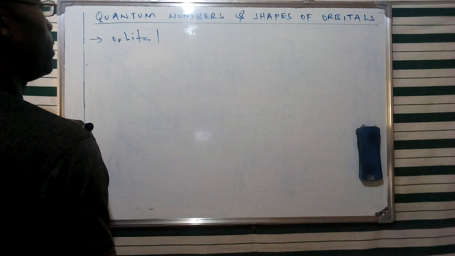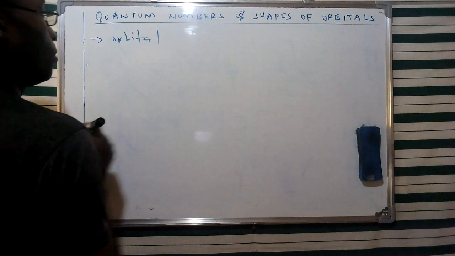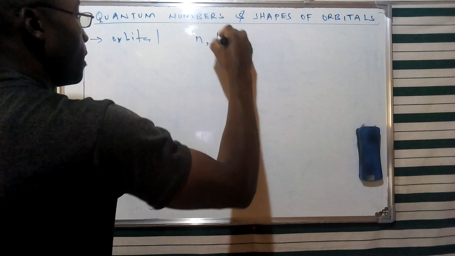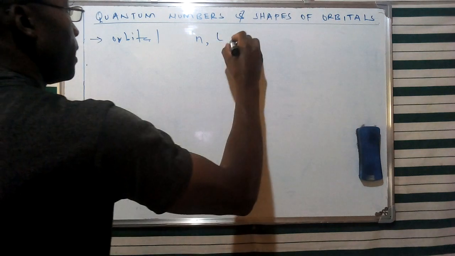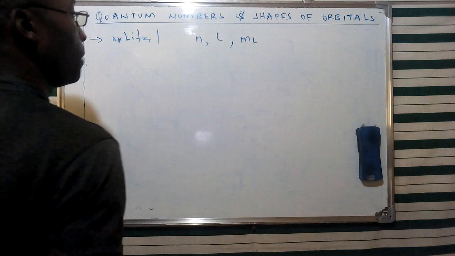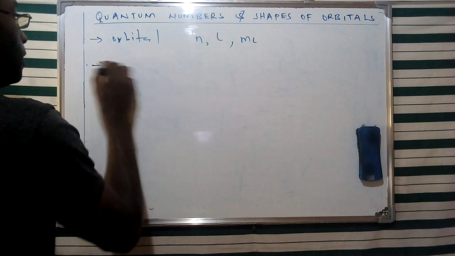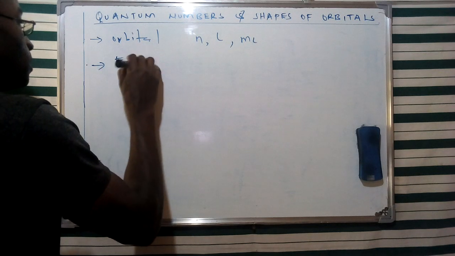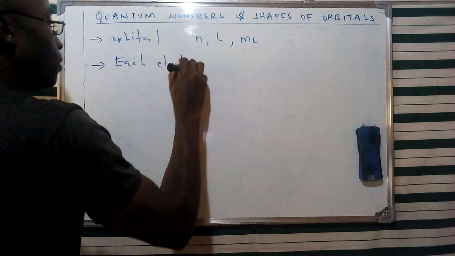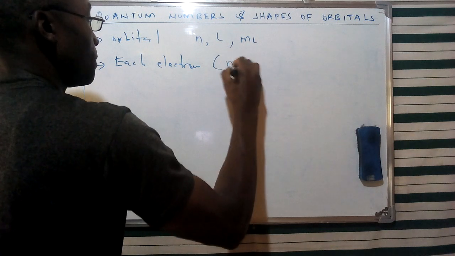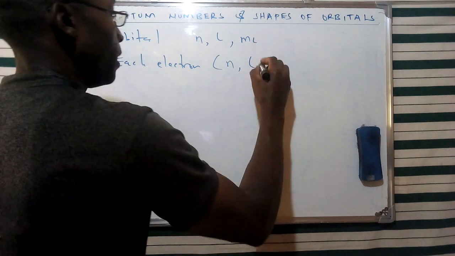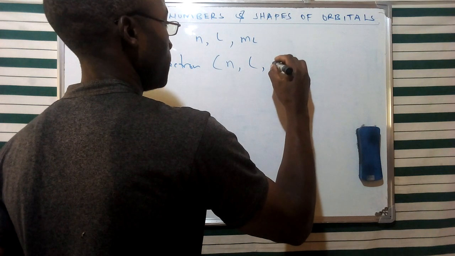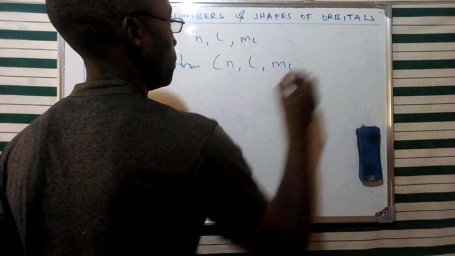We describe an orbital of each atom using three quantum numbers: the principal quantum number, the angular momentum quantum number, and the magnetic quantum number. Each electron in an atom, as I've said, is represented using four quantum numbers: the principal quantum number, the angular momentum quantum number, and the magnetic quantum number.